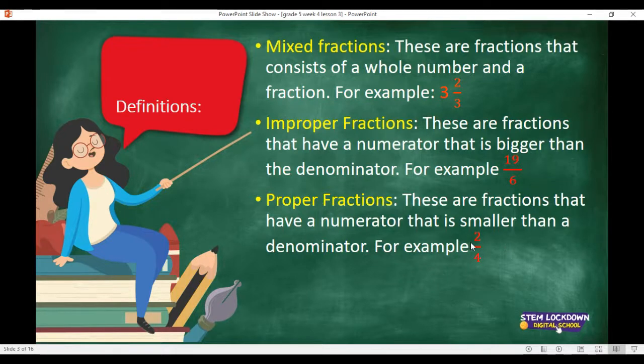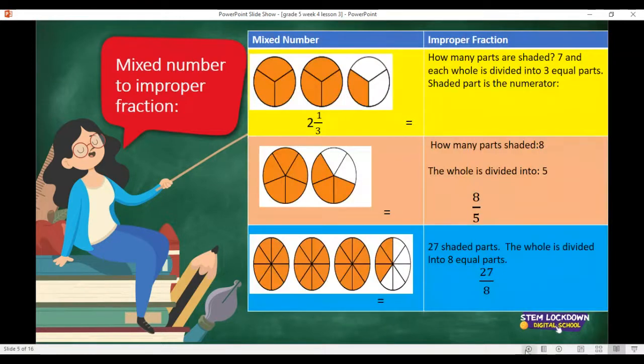For example, 2/4. And then we say that the value of an improper fraction is always more than 1. And today you're going to see why I always say that. And we say the value of a proper fraction is less than 1. And a mixed number obviously is more than 1 because it has a whole and a fraction. So those are our definitions.